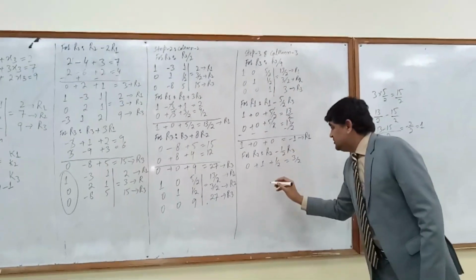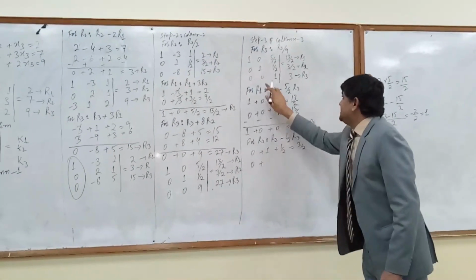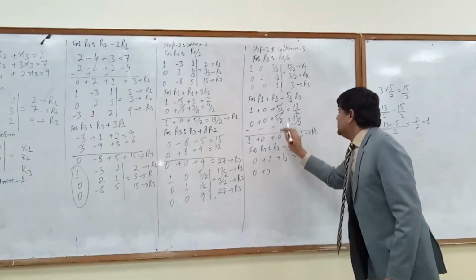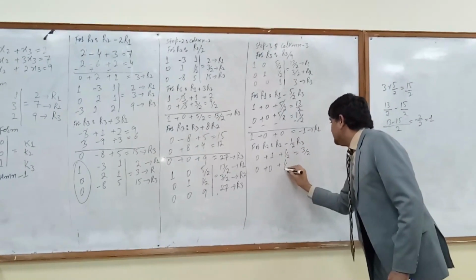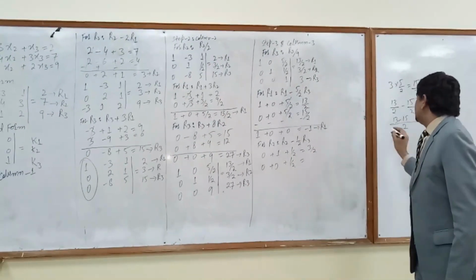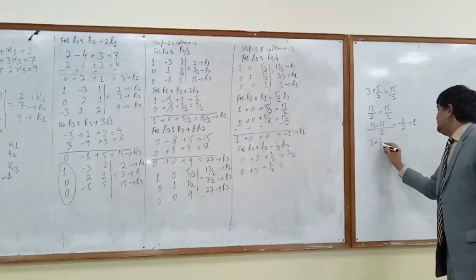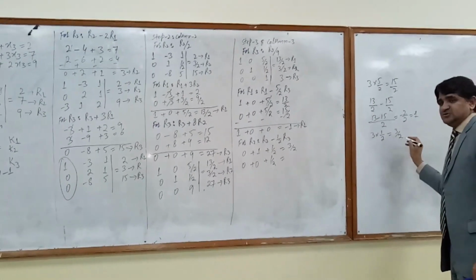0 multiplied by 1 by 2 is 0. 0 multiplied by 1 by 2 is 0. 1 multiplied by 1 by 2 is 1 by 2. Then 3 multiplied by 1 by 2 is 3 by 2.